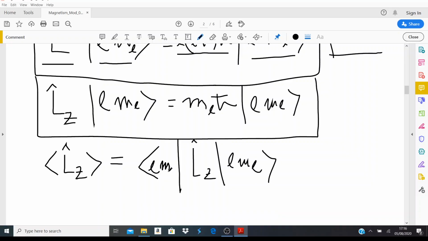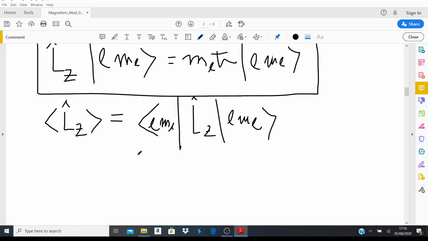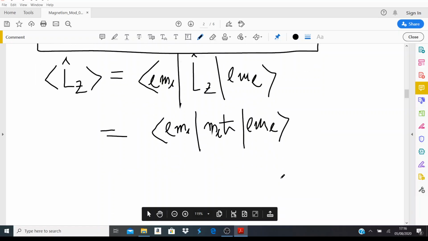It should be |l, m_l⟩, because they are the eigenstates of the L_z operator. So when L_z operates on |l, m_l⟩, what do you get? Let me write it here. L_z on |l, m_l⟩ will give you m_l times ħ times the same state. So that's just a number. You can bring it out of this expectation value.